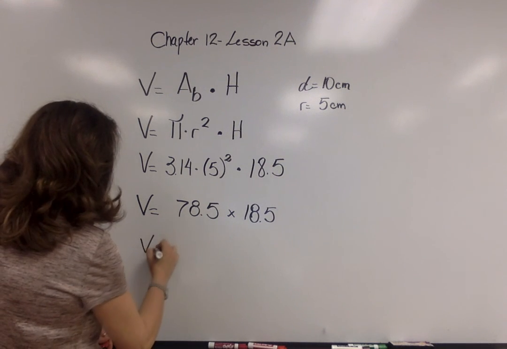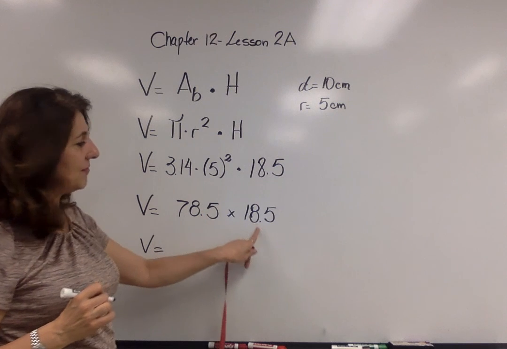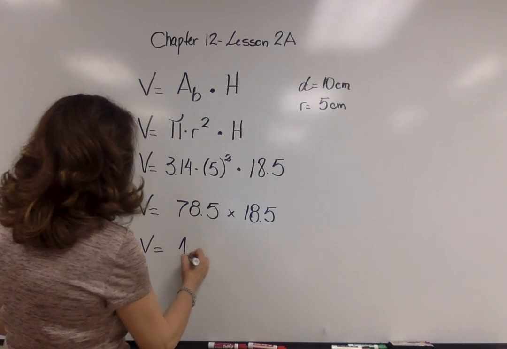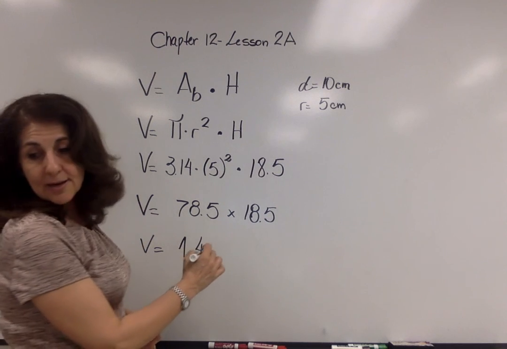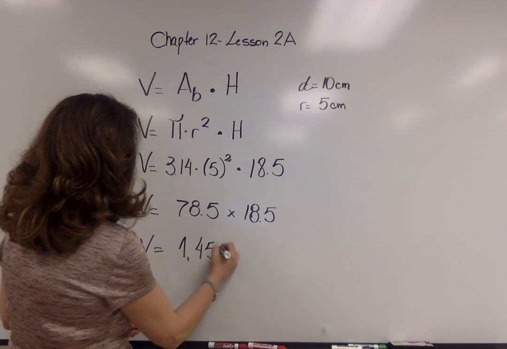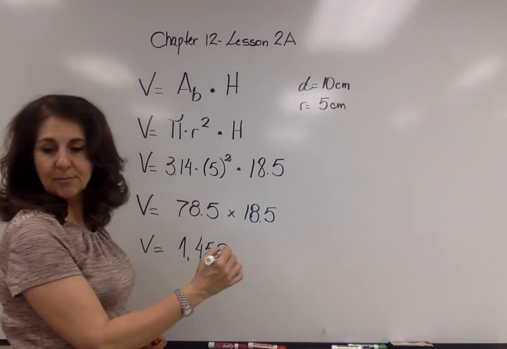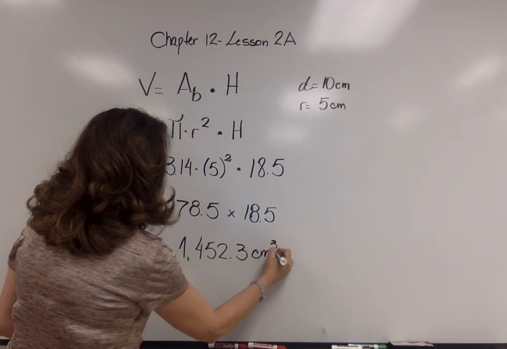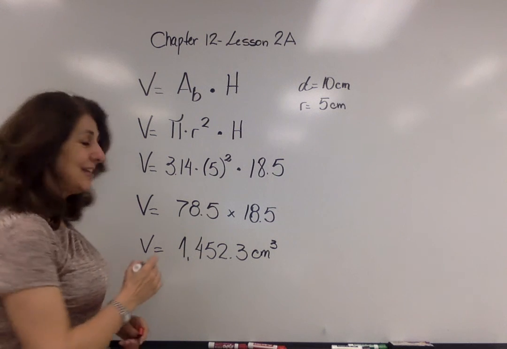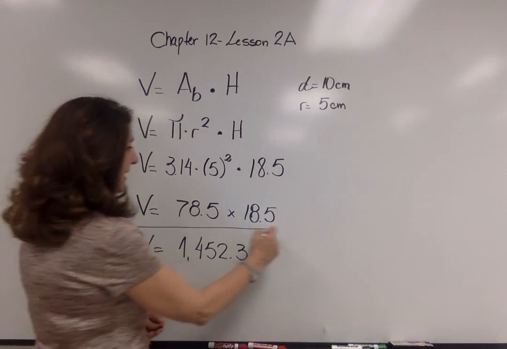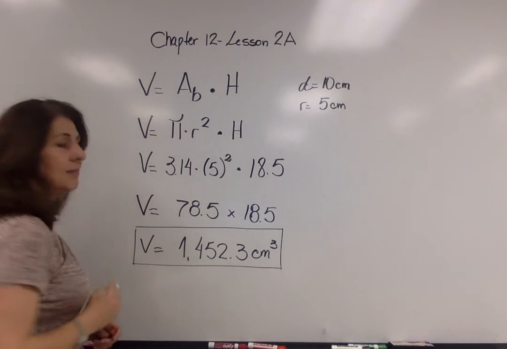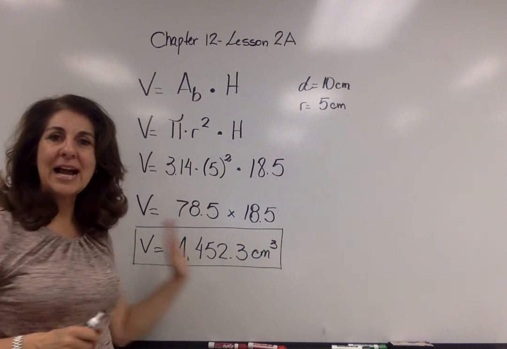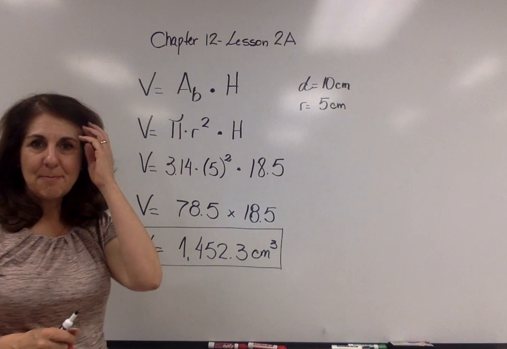So the volume here is 78.5 times 18.5, which is 1,452.3 centimeters cubed. Okay, so every time we find the answer, we just circle it, box the answer, or highlight it if we're working on paper.